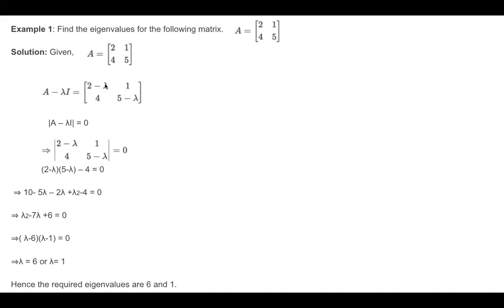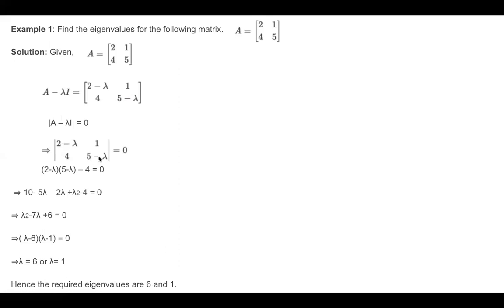So 2 minus lambda, 1 stays because only the diagonal would be 1 for the identity matrix, 4 stays the same, and this becomes 5 minus lambda. Now we assume this is equal to 0.